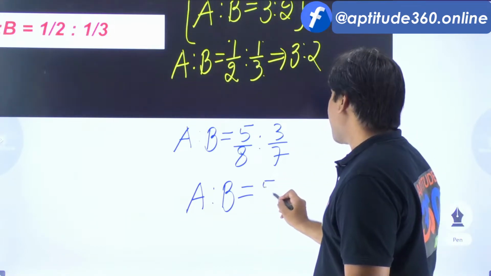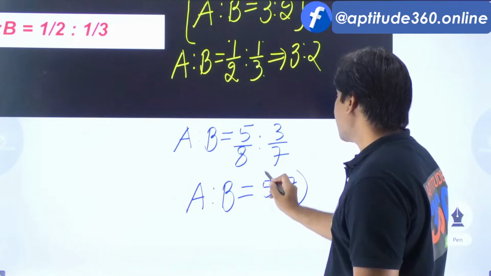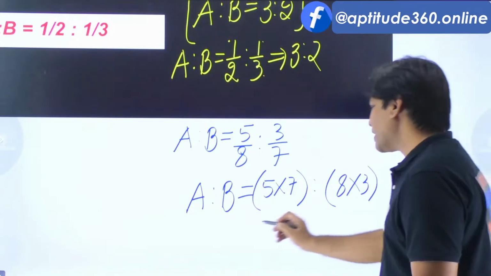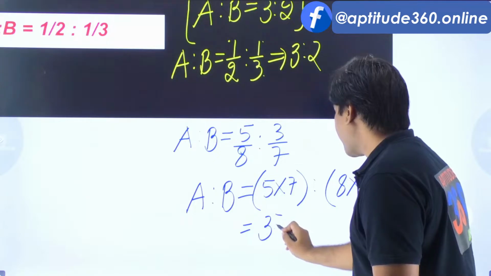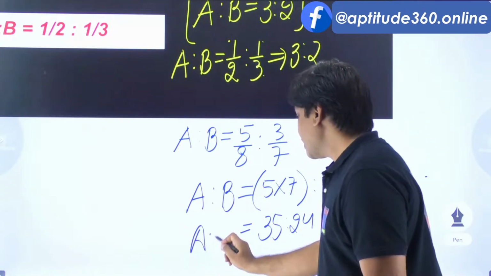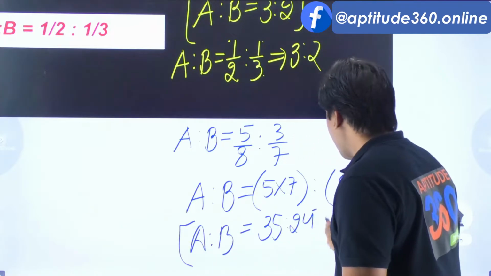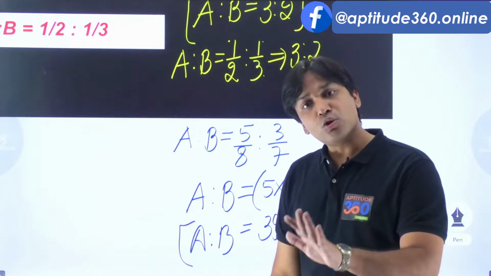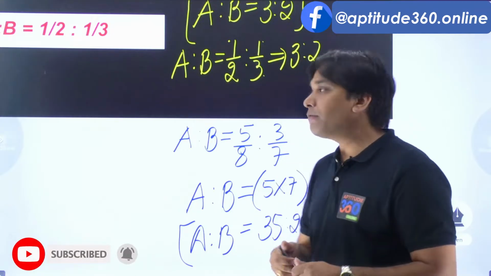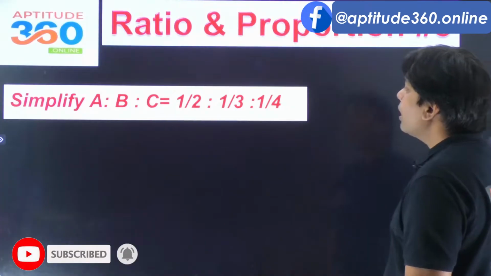This will become 5 into 7 and this will become 8 into 3. That you can do mentally. You don't have to do it using your pen. So you have found out A is to B as 35 is to 24. So I hope you're understanding how to deal with the fractions. Now can we simplify this?